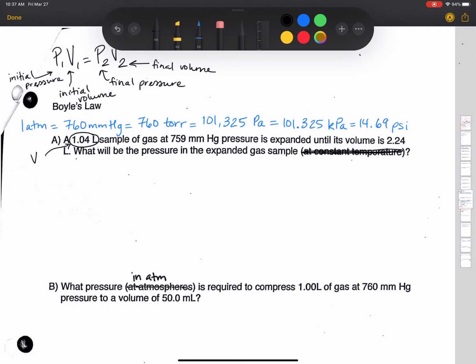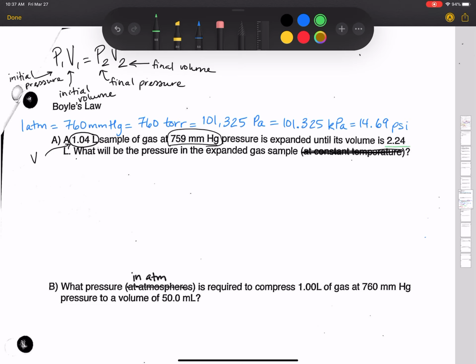A 1.04 liter sample of gas at 759 millimeters mercury pressure. They not only give you the units of pressure, but then they also tell you that it's pressure. So this is the volume and this is the pressure. That gas is then expanded, so it's made bigger, until its volume is 2.24 liters. So now they've given you a whole new volume.